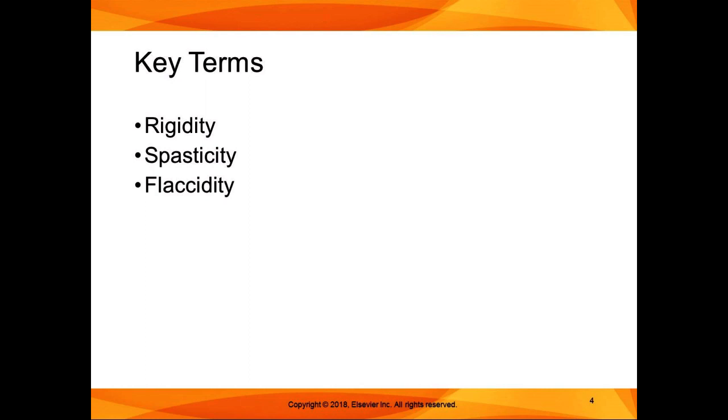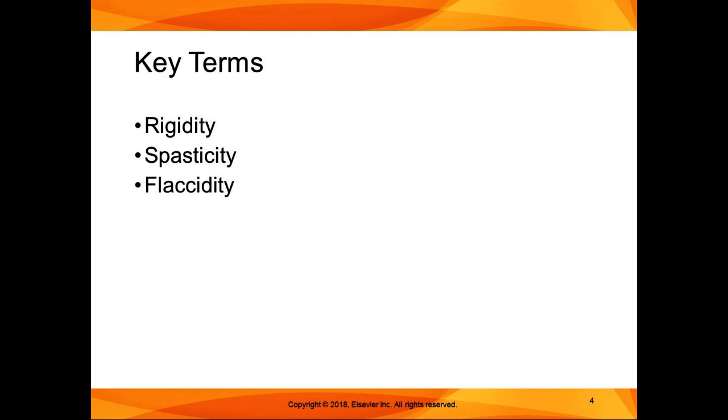So the condition can change at rest or during muscle contraction, and there are different pathologies that are going to cause changes in muscle tone. There are basically neuromuscular and musculoskeletal disorders that can result in abnormal muscle tone. And because abnormal muscle tone can affect function, we have to be able to define and assess muscle tone so we can make appropriate changes to improve function.